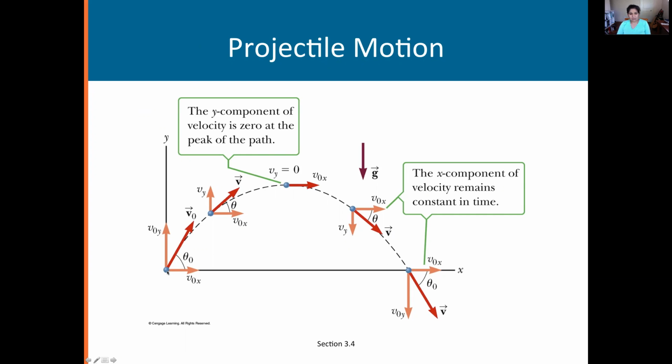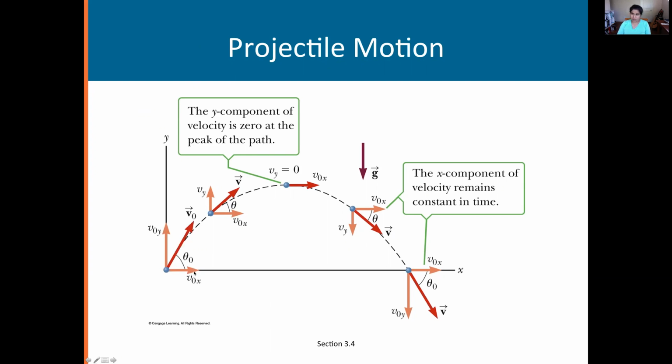Let's look first at what's happening in the X direction. It launches off with a certain initial velocity v0, which has components v0x along the X direction and v0y along the Y direction. So we're just going to look at v0x. There is no acceleration, which means my v0x must never change. So let's just follow this arrow.